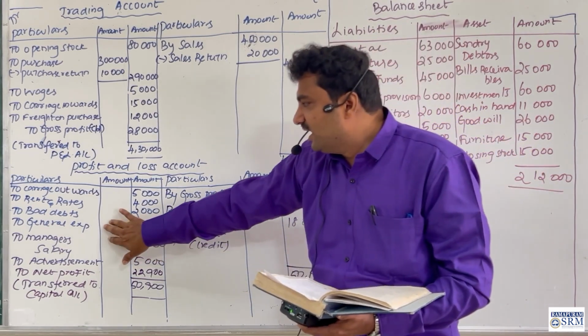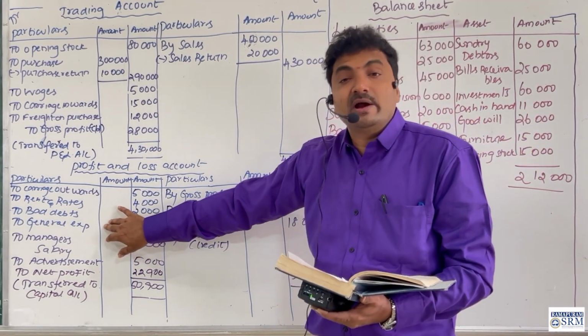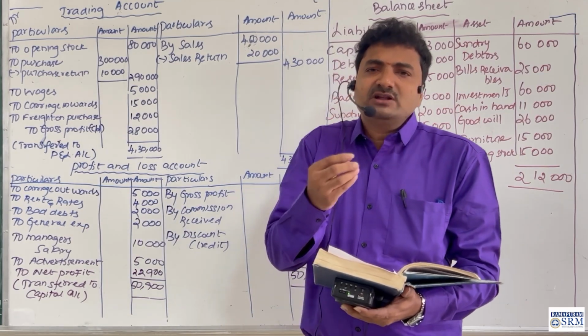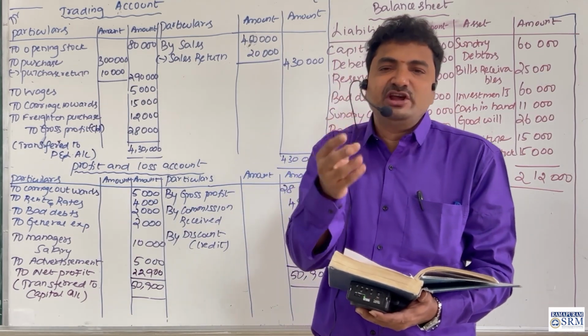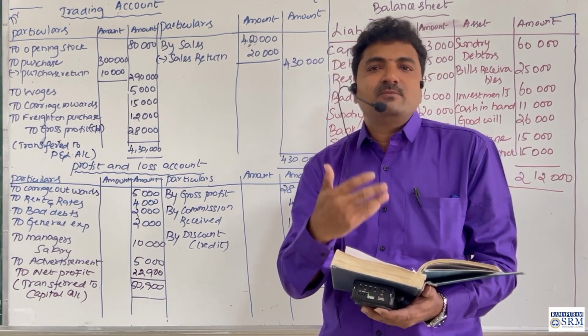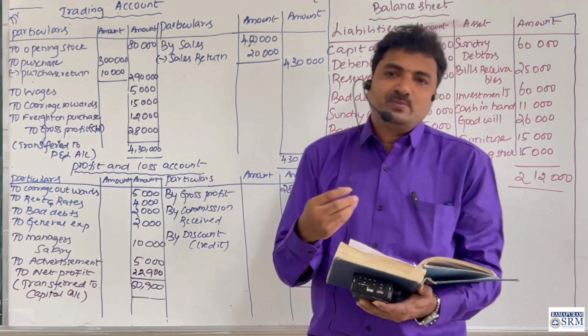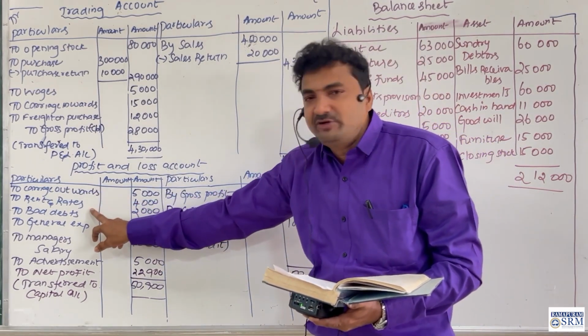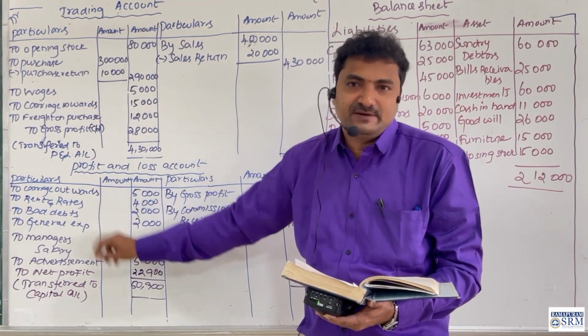Here I will tell you a simple technique for how to input expenses in the profit and loss account. See, what are the expenses that happen in your office apart from the factory? Those you input in the profit and loss account debit side.